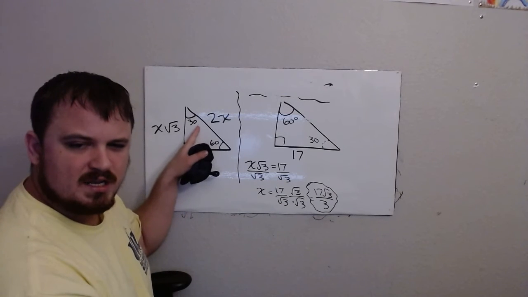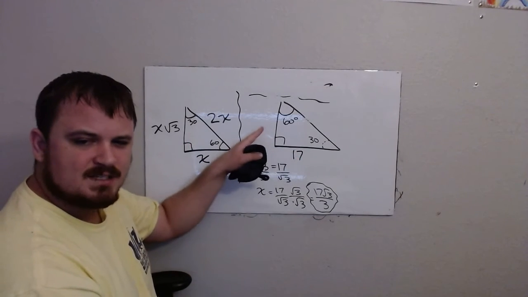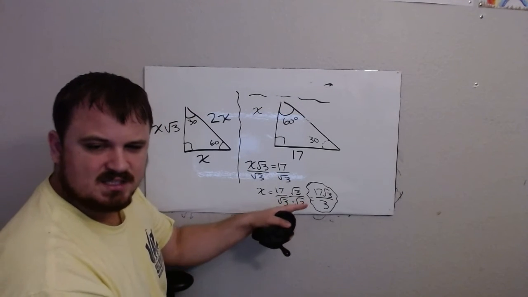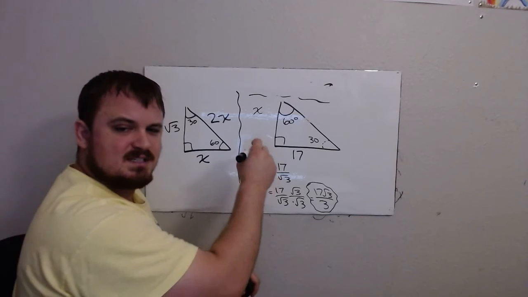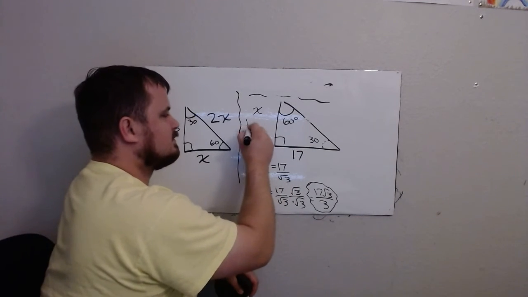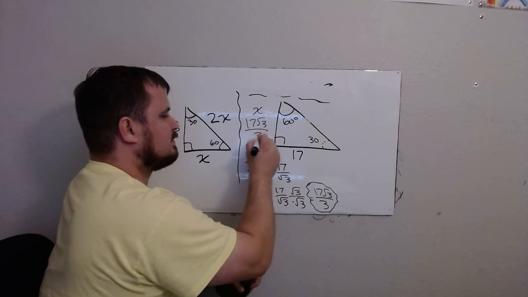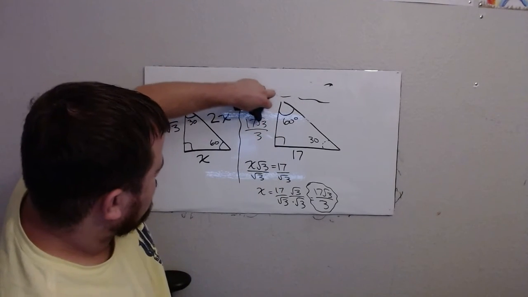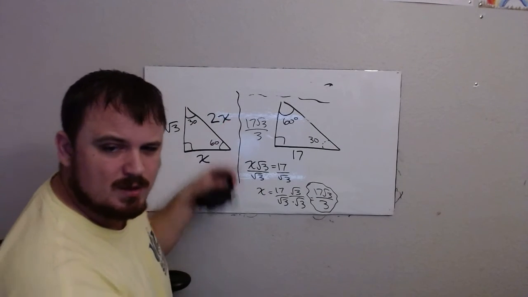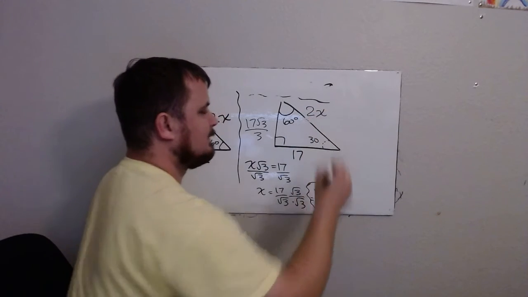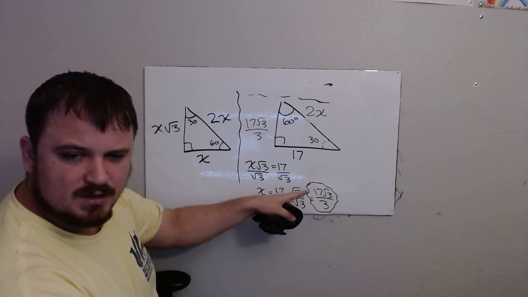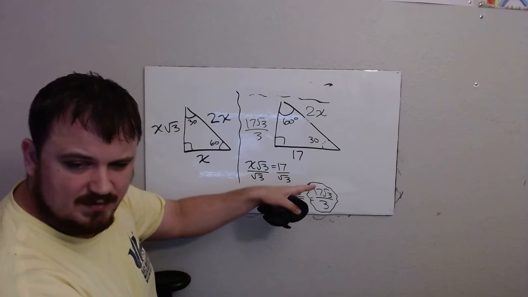So notice 30 is just x. So across from 30 over here is x, and what is x? Well, we solved for x, it's 17 root 3 over 3. So the short side is 17 root 3 over 3. And then what's across from the 90? Well, across from 90 is always 2x. And we decided that x is 17 root 3 over 3, so it'll be 2 times 17 root 3 over 3.